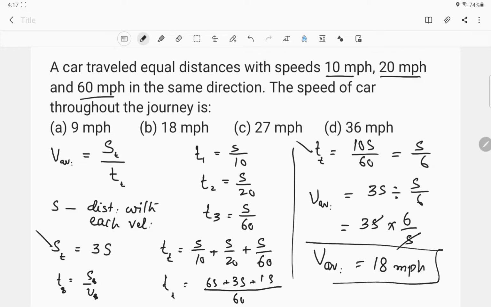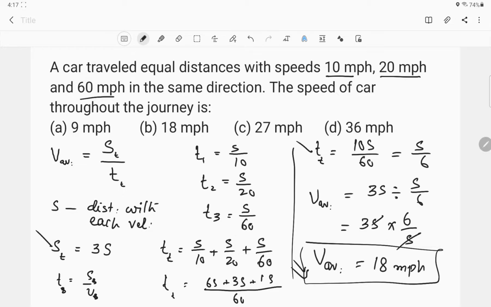So this is the correct answer. It is really simple mathematics: multiplication, division, addition. But we have to go through the parts. As I told you earlier, we have to go in different steps. So by following these steps, you can determine the correct answer for this question.